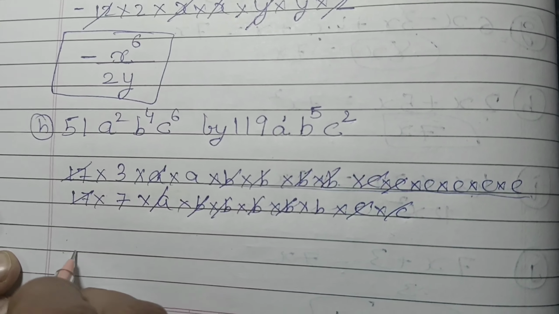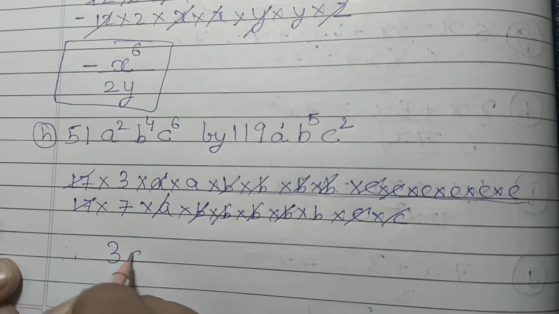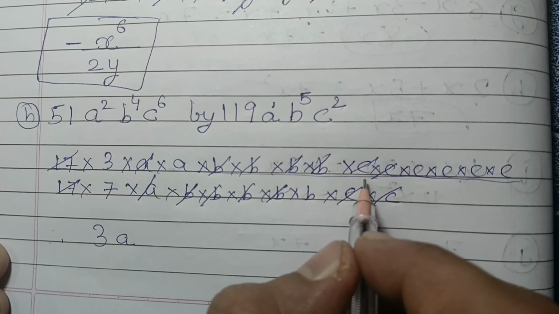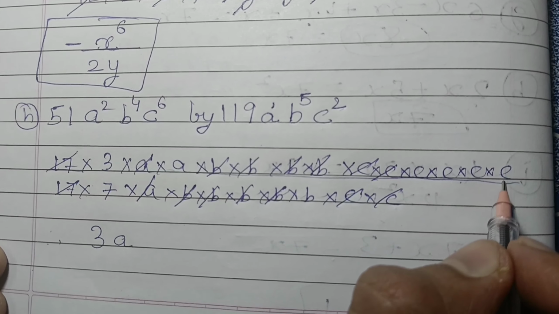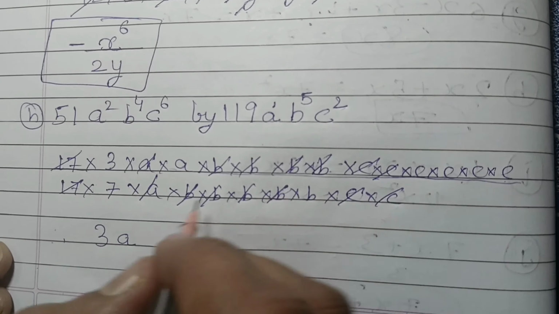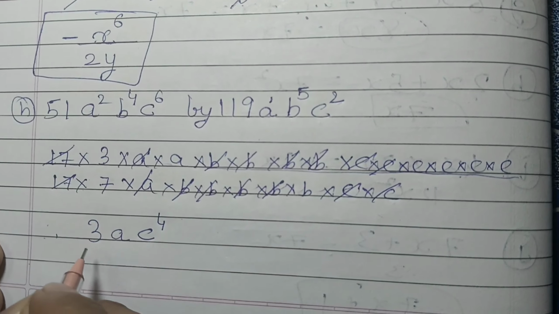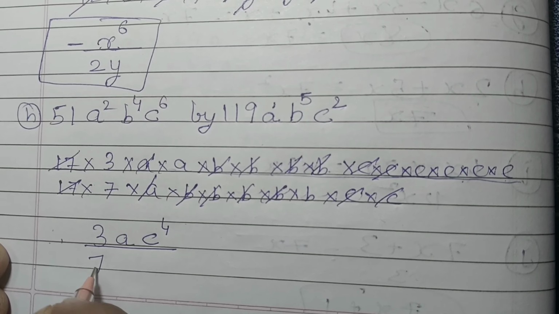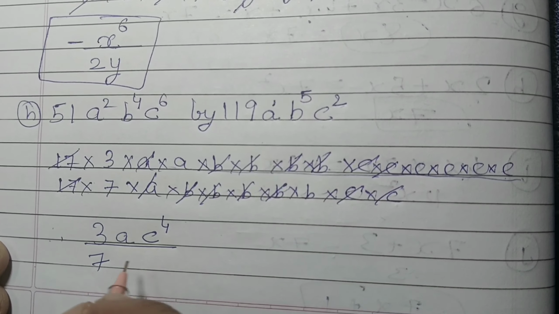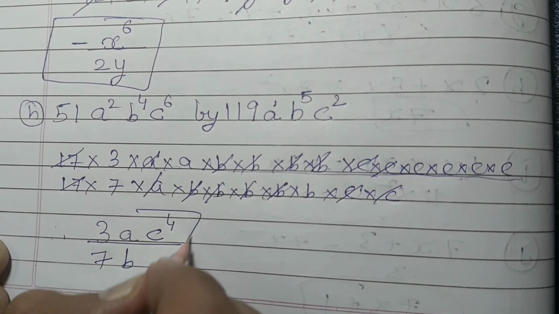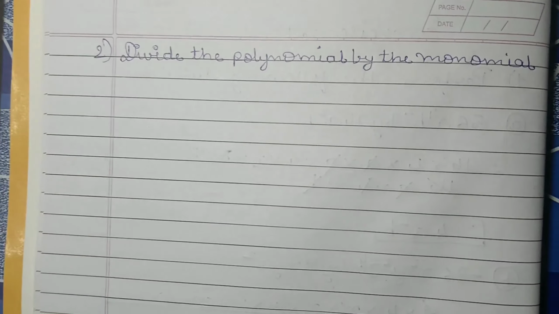So the remaining term is 3a. Here c is remaining for 4 times. So c to the power 4 divided by 7b. This is our answer.